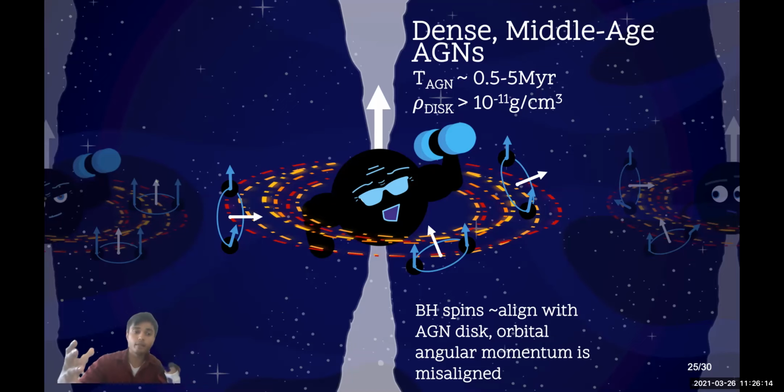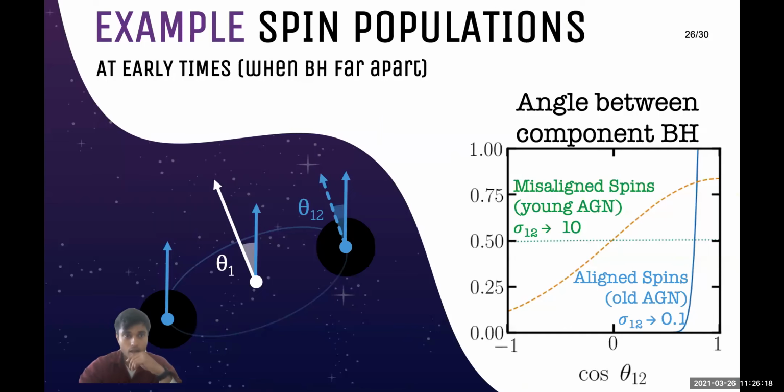And this type of orientation of the spins is unique. So if we can measure systems with such spins, we might be able to better understand the interactions in these AGN disks.